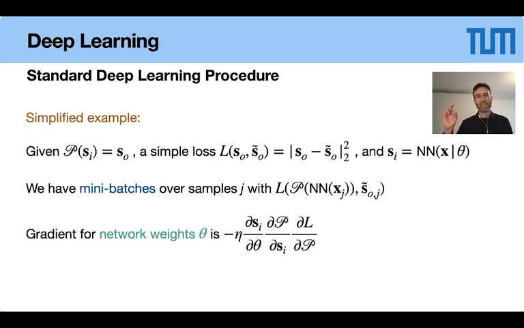Starting with the loss, we first get this vector-shaped Jacobian, partial L, partial P. Then to backpropagate, we get partial P, partial SI, the input. The input was provided by the network. That means now we can compute partial SI, the output of the neural network, with respect to the weights theta of the network.